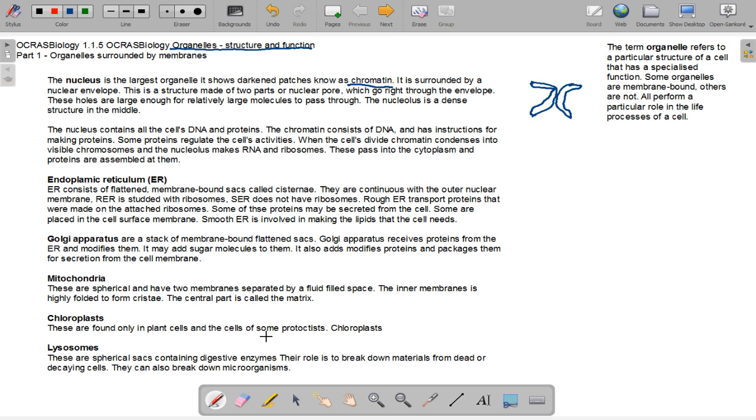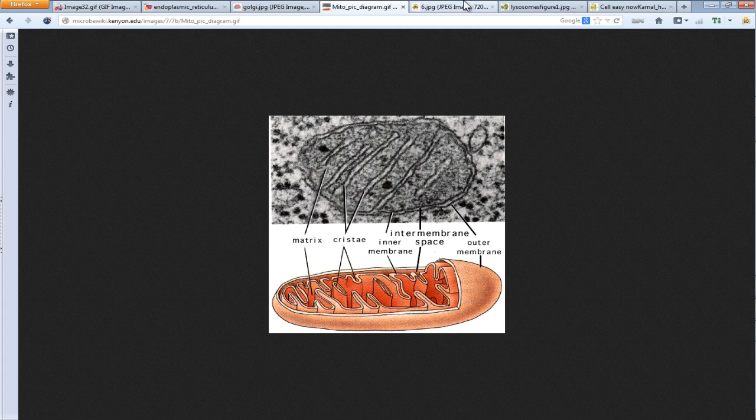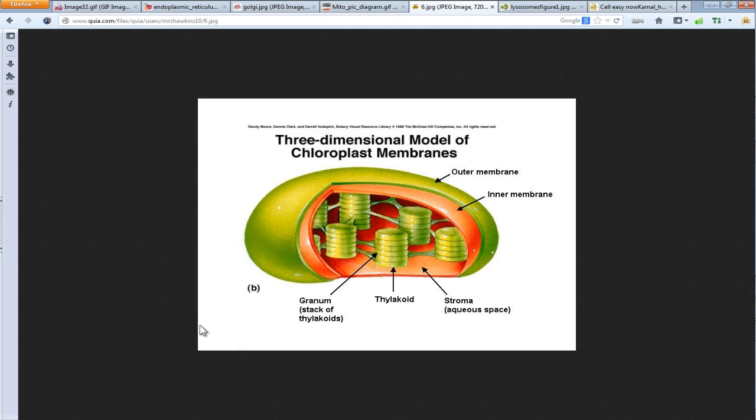Chloroplasts are only found in plant cells, and the cells of some protists or bacteria, and they allow a plant to photosynthesize, and they also allow it to make ATP as well inside the thylakoid membrane, but more about how they make ATP in A2 level.